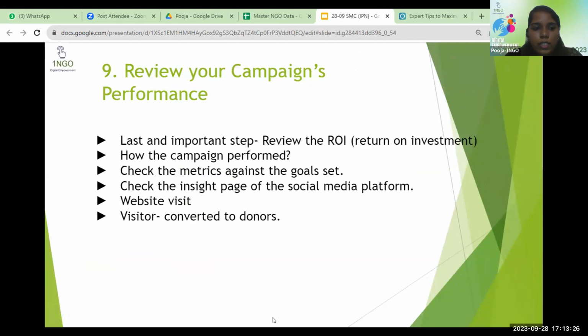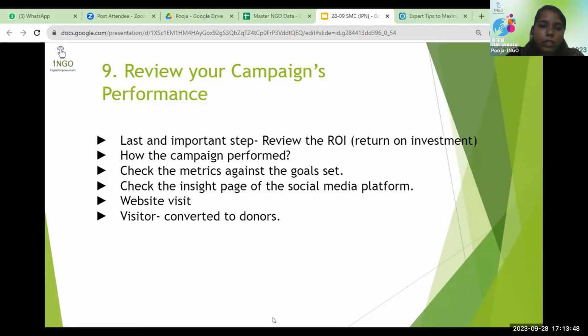So the last step is reviewing your campaign's performance. So you have launched your campaign, you scheduled your content, it is already on the platform. You had actually dealt with the key performance indicators that you're going to maintain at the end of the campaign.